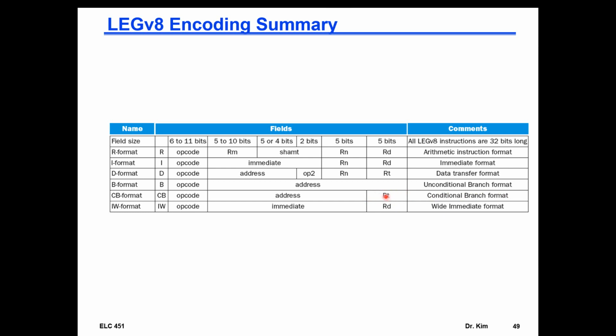So in that case, that is register addressing, and an address that is going to be used in PC relative addressing format. And then we have the wide immediate format, which is very much like immediate, but it only has a single immediate field and a destination register.